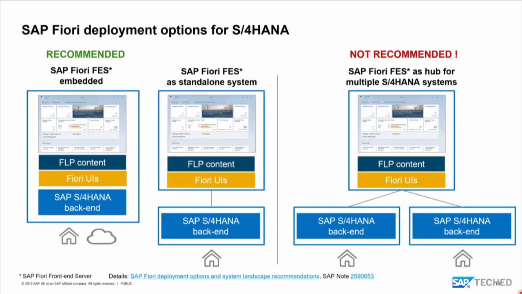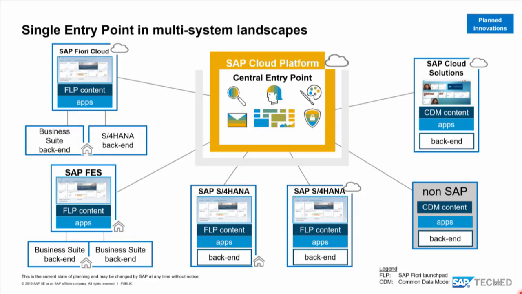If you want to have a single entry point, a portal in front of multiple S4HANA systems, then the strategy is that we are going to offer a cloud platform portal, a central launchpad, which is then able to connect to multiple systems which are then content providers into this platform. That's the next generation of portal.